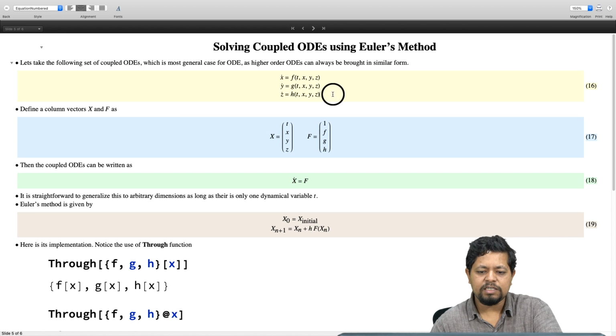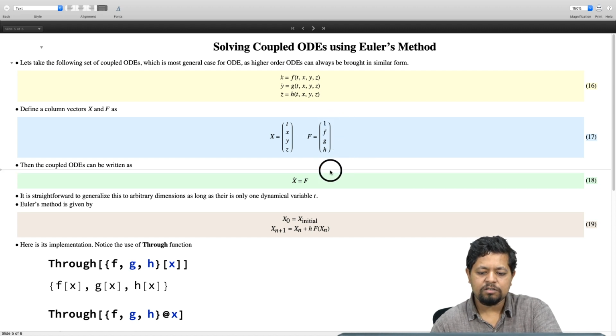Now we can express these equations better in the form of matrix equations by doing the following. We can define big X as a column vector of t, x, y and z, and big F as the set of functions f, g and h, with a 1 prepended. So big F is 1, f, g and h.